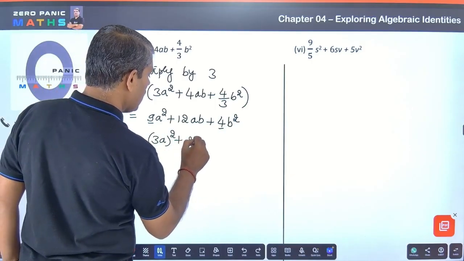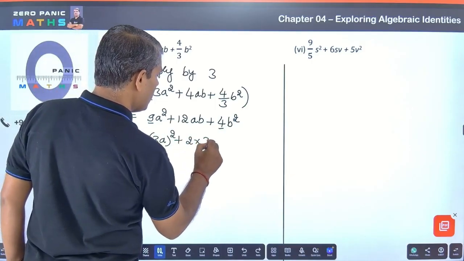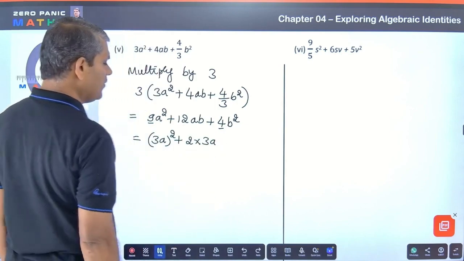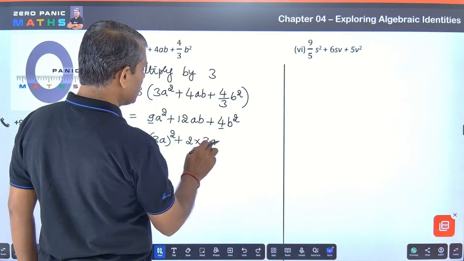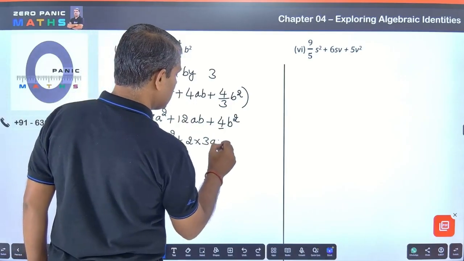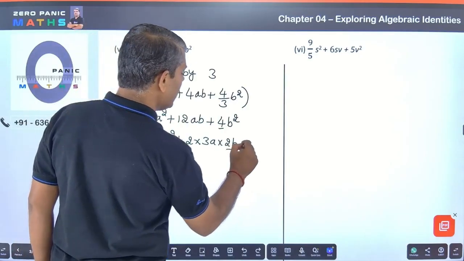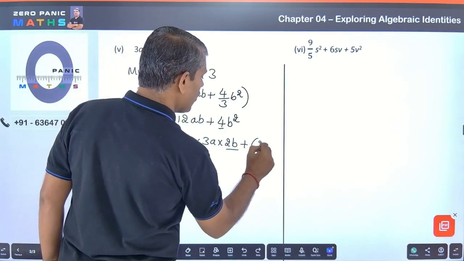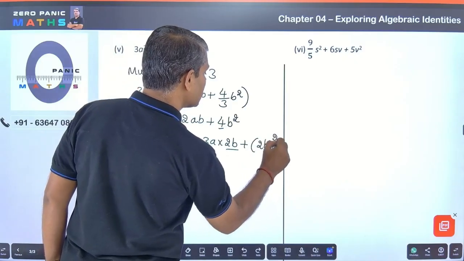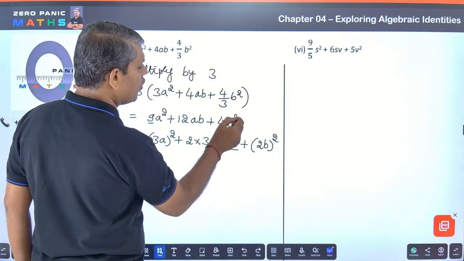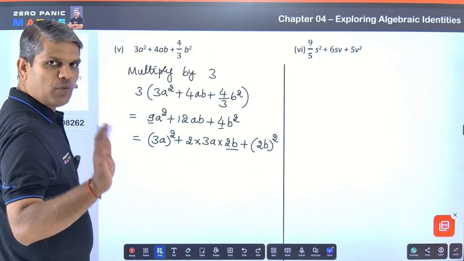Now what is the middle term? 2 multiplied by 3a, which is the value of a. 2 3s are 6, but it is 12, so 6 2s are 12, and b, it is 2b. 2b is the value of b for me. Now I can write that as 2b whole square. That makes it 4b square. Hope you are getting this.